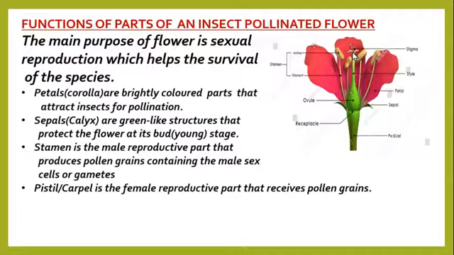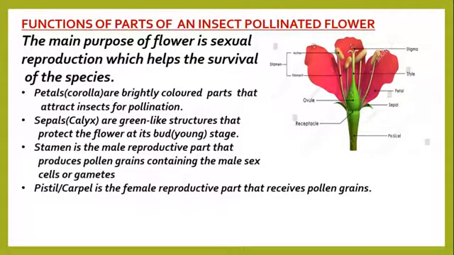We have the stigma that receives the pollen grains. We have the style that supports the stigma. We have the ovary that protects the ovule. Now the ovule contains the female sex cell, which will later fuse with the male sex cells. And this will be discussed in detail under fertilization come Thursday, God willing.